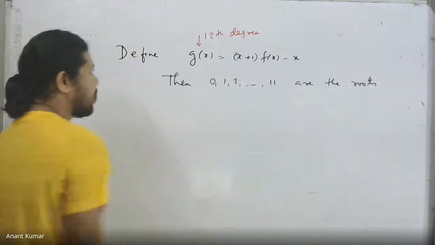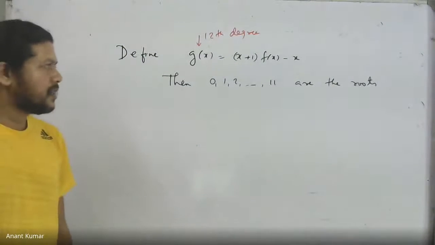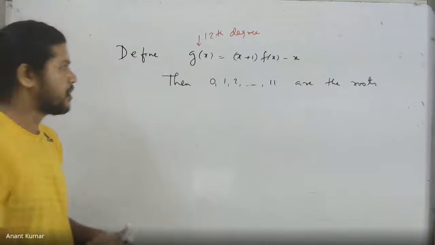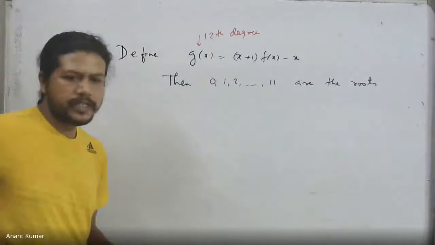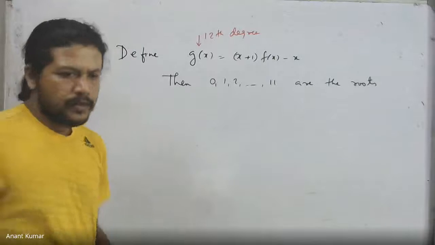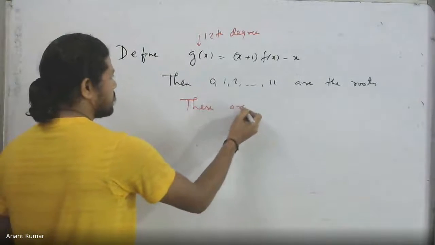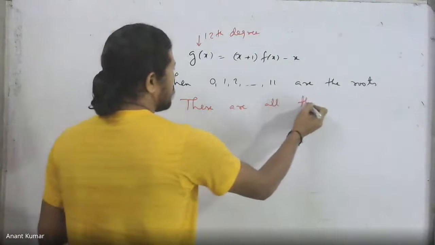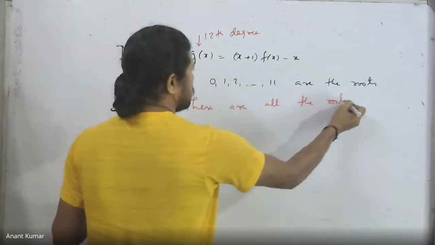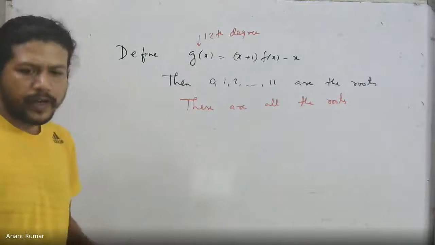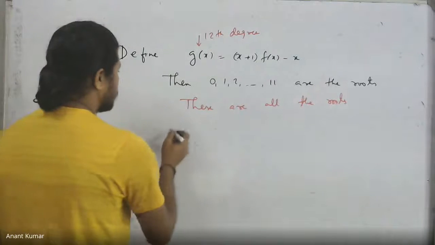This is a 12-degree polynomial, and we have 12 of these, which implies these are all the roots. There are no other roots, which implies that it can be factorized.